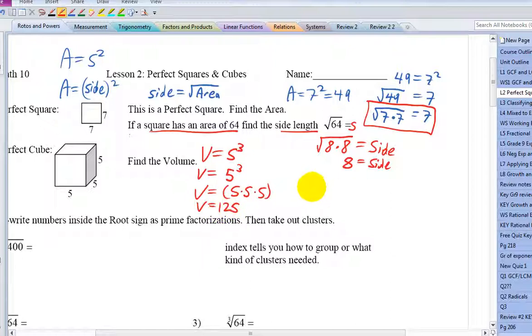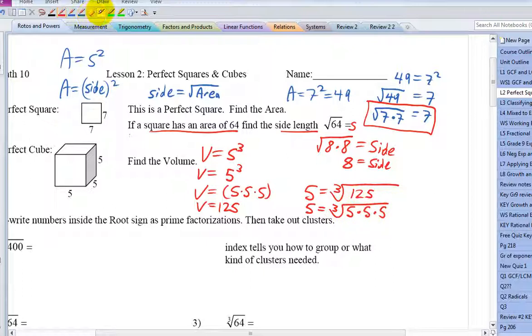So we could say 5 equals the cube root of what? 125. Which is like saying 5 equals the cube root of 5 times 5 times 5.